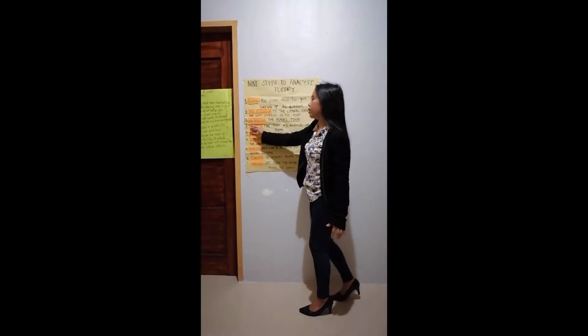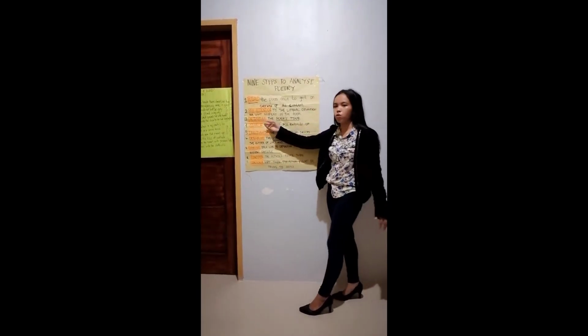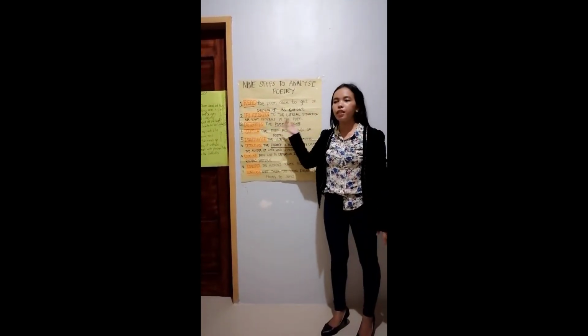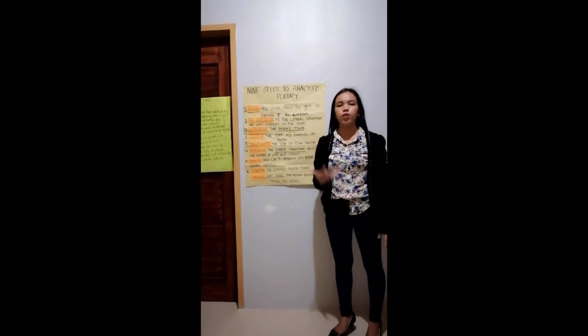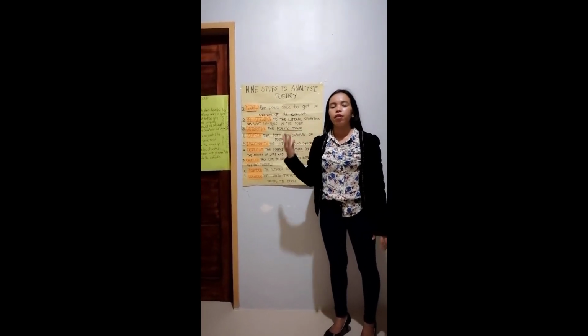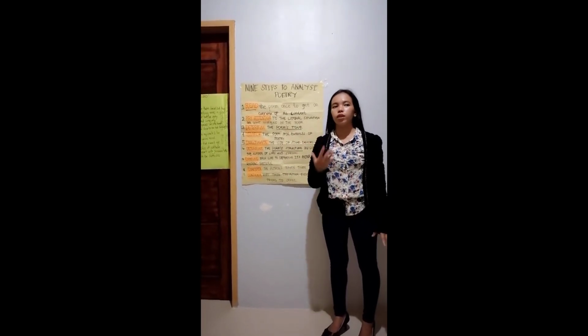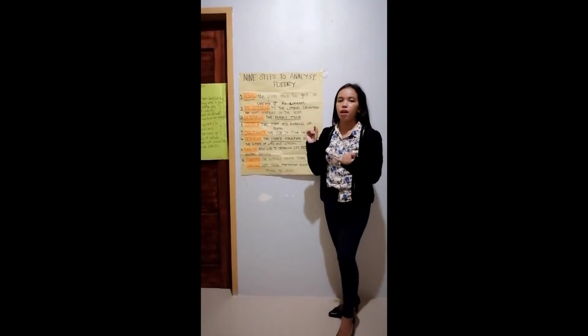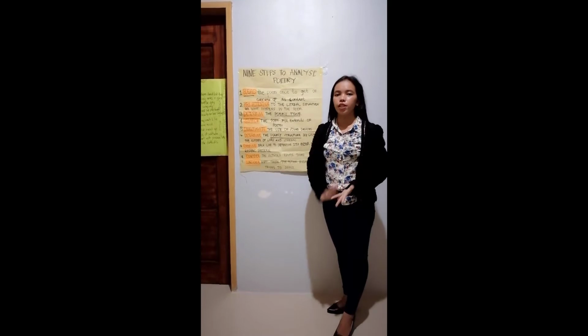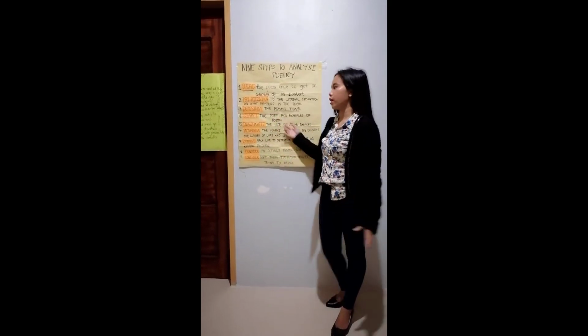The third one is to determine the poem's tone. In determining the poem's tone, you have to analyze the content, what the poem imposes, if it is joyful or sad or even tragic.